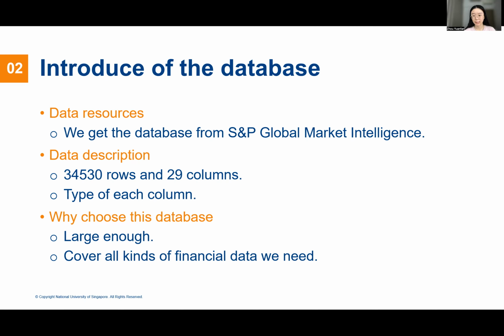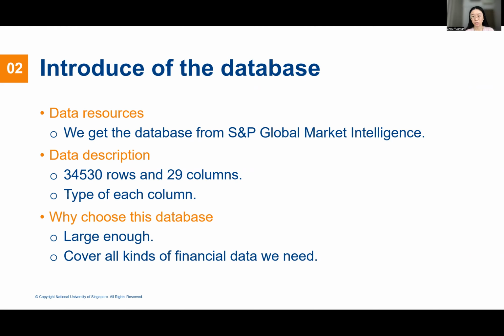These columns can be divided into 4 categories. GVK is the serial number and CONM is the company name. These 2 columns belong to index. Data date belongs to date and bankruptcy belongs to categorical.